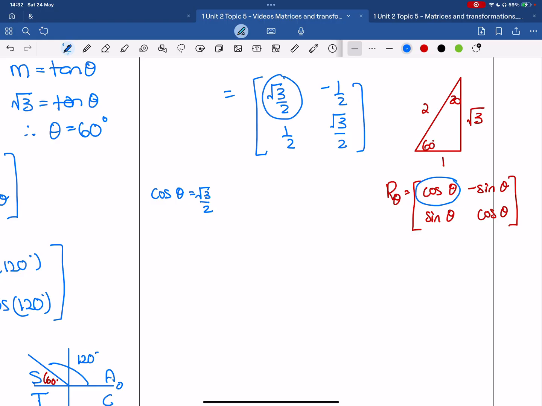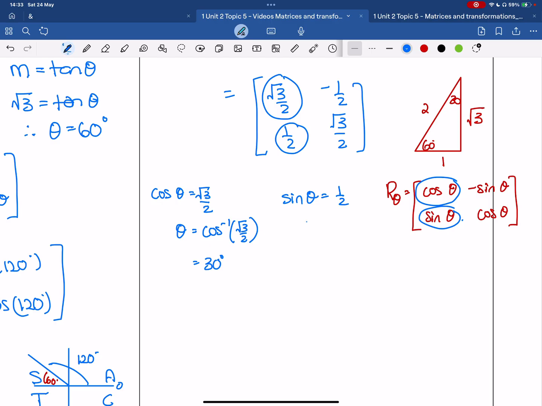Can you see there? There's my cos theta. It has to be root 3 on 2. Well, cos theta is root 3 on 2 gives me that theta is inverse cos of root 3 on 2. So theta is 30 degrees. Okay, let's check that sin theta has to be equal to a half.